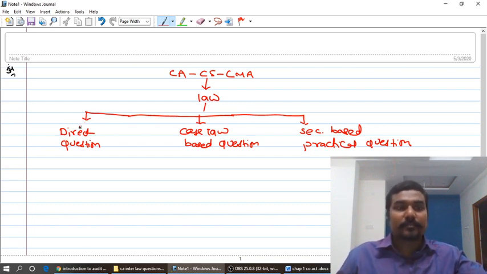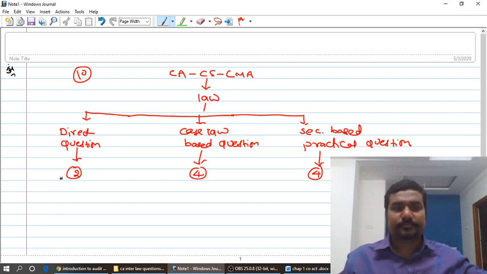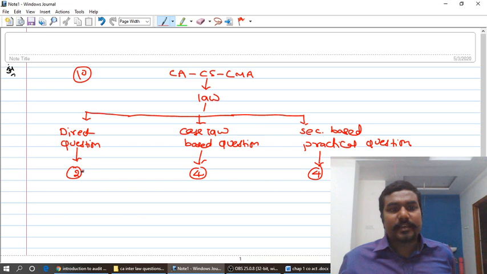in the CA course, if 10 questions are there in the exam, out of 10, 4 questions will be practical questions based on case law, and 4 questions will be based on section based practical questions. You may get 2 direct questions. For example, in CA final, you may expect this kind of questions from economic laws.